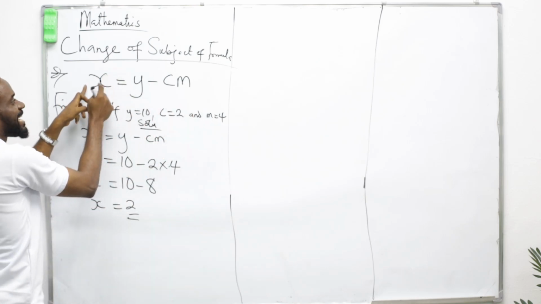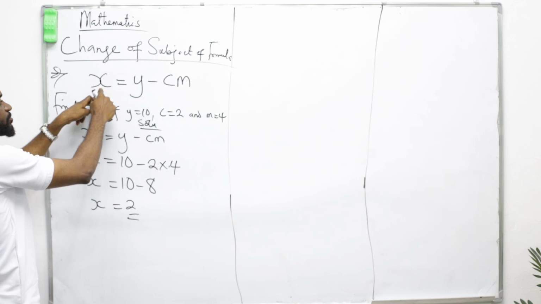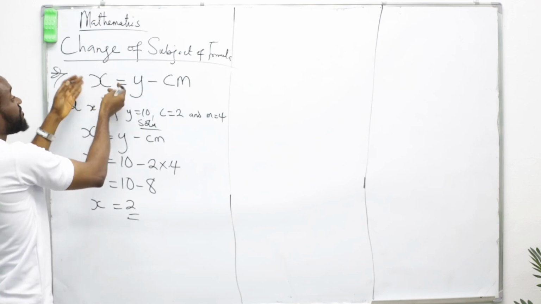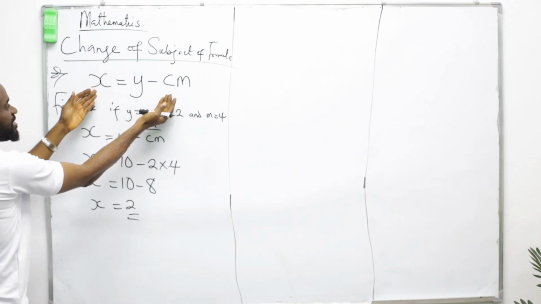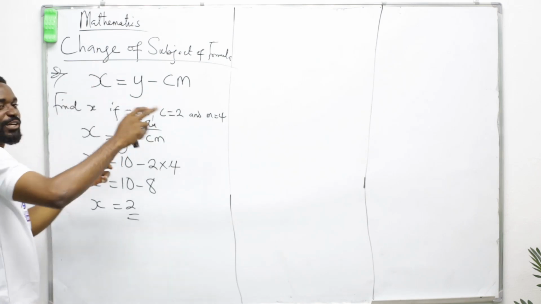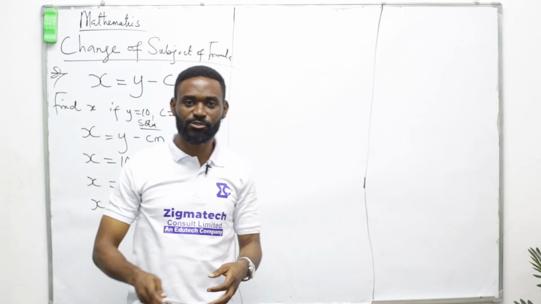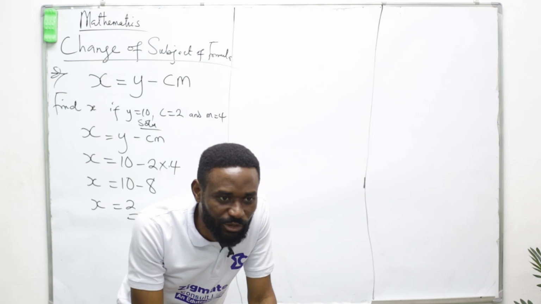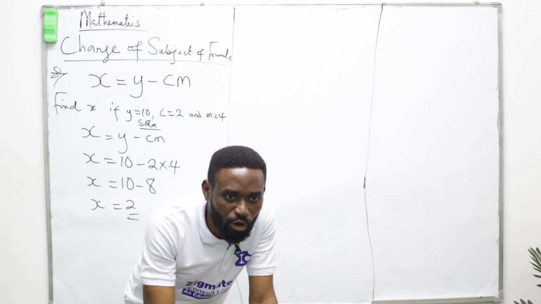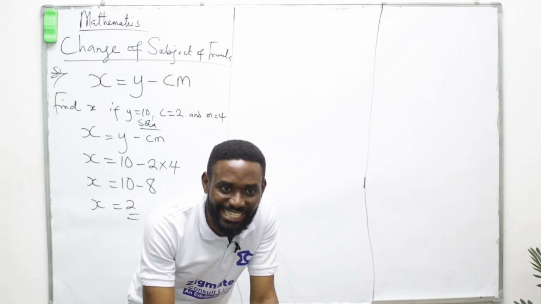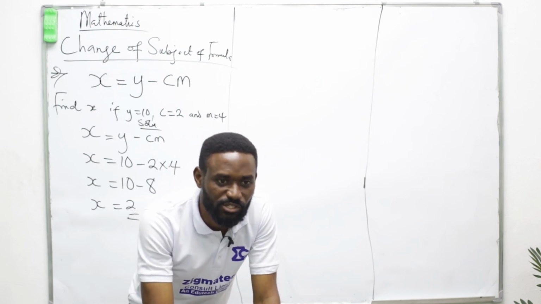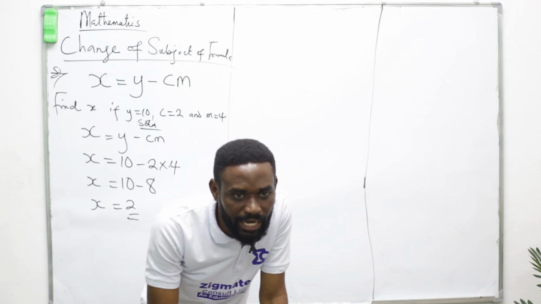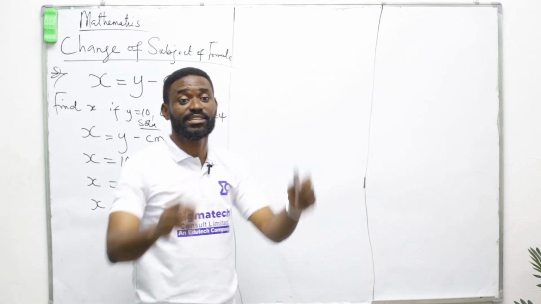So this x, which was Buhari, will leave here. Tinubu, which is the current president, will come here. So we'll look at changing a subject formula as an election process, so that we will not always have the same subject there. We can change it. If the subject is not what we want, we can remove it and put another person. So let's have some of the things we have here.